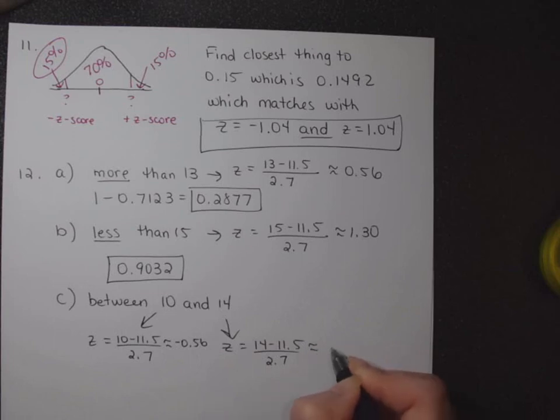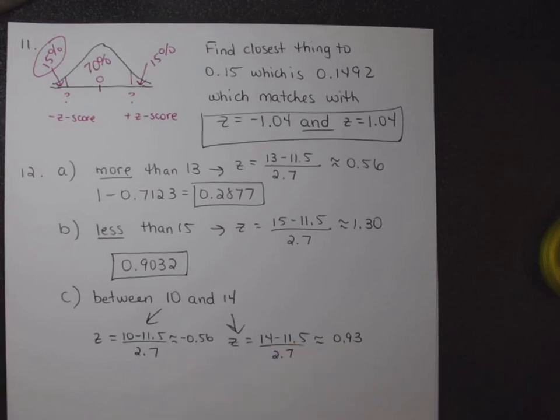The z-score for this one ends up being 0.93. So now you're just going to find the values for both of these and subtract them, right? So you're going to get 0.8238 minus 0.2877, which is a difference of 53.61%. Okay, I'm just making sure that matches up with my key.